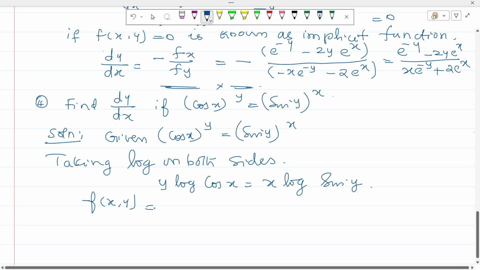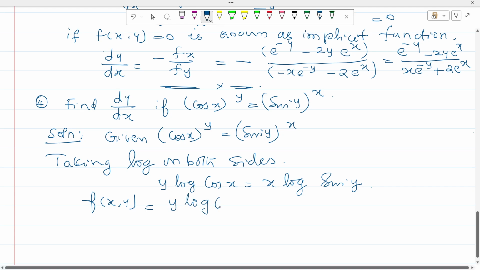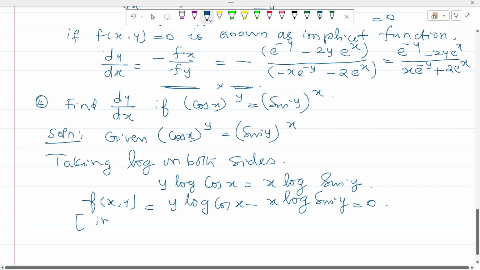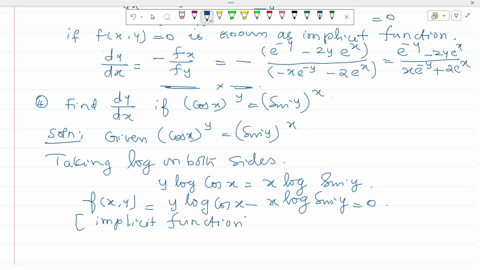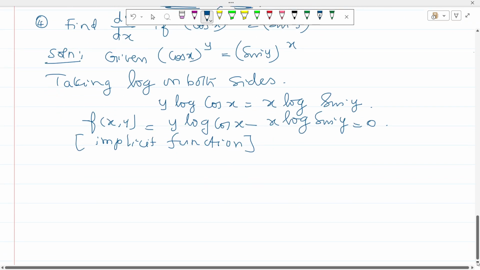That is f(x,y) equal to y log cos x minus x log sin y equal to 0. Therefore, it is the implicit function.